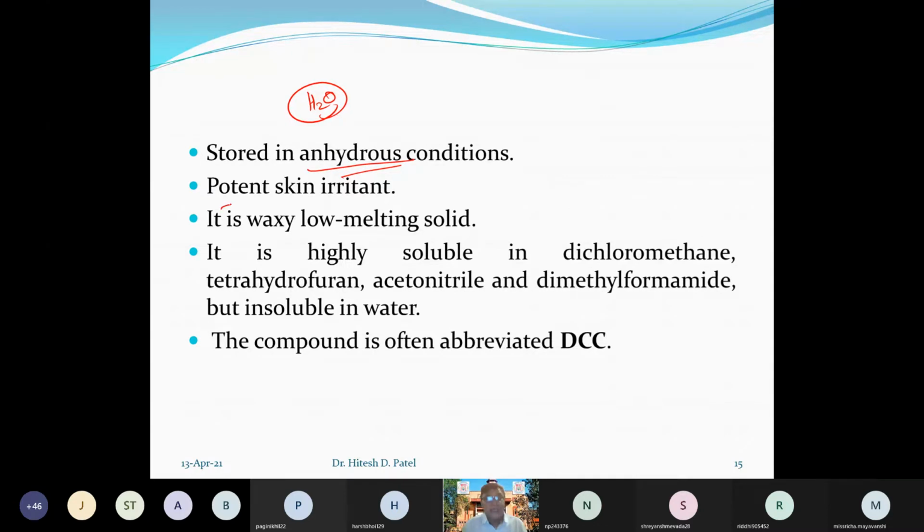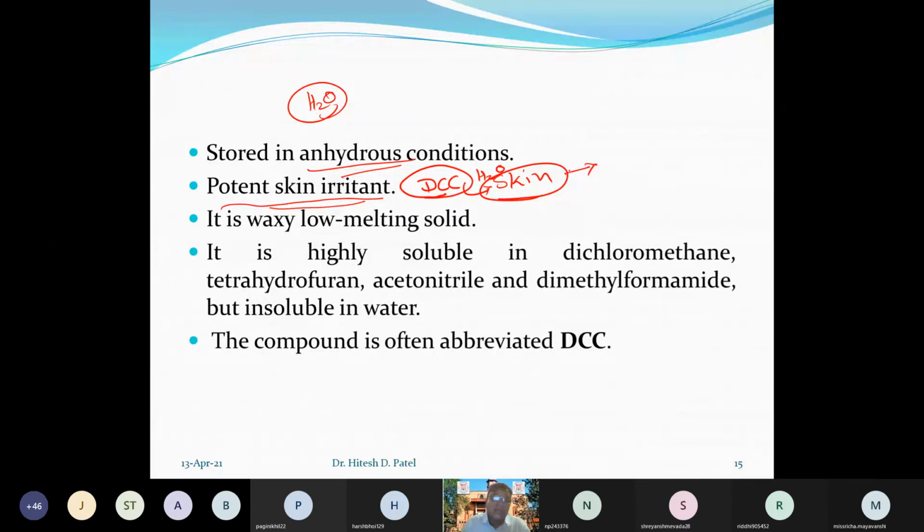Second, this is a potent skin irritant. So whenever you are using DCC, you have to take care and always avoid contact with your skin. If there is skin contact, DCC will trap or absorb water from the skin, and as a result you will find irritation.